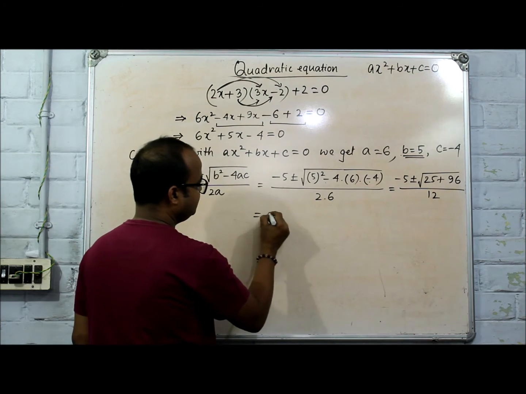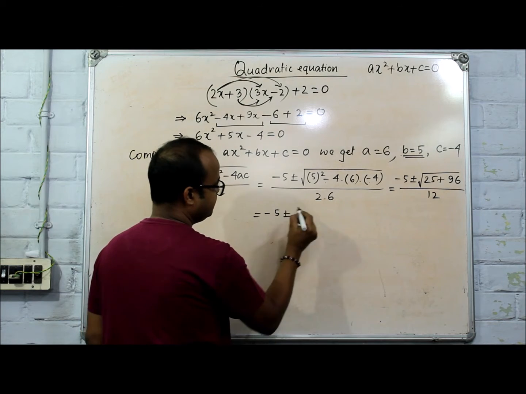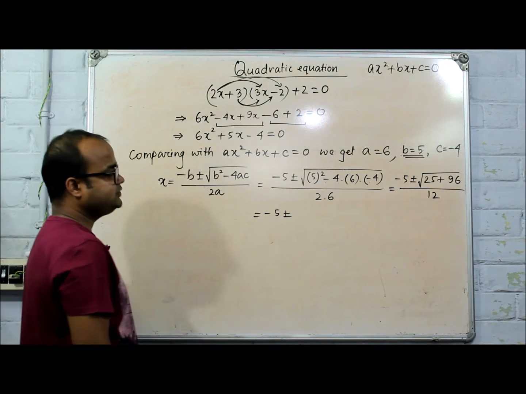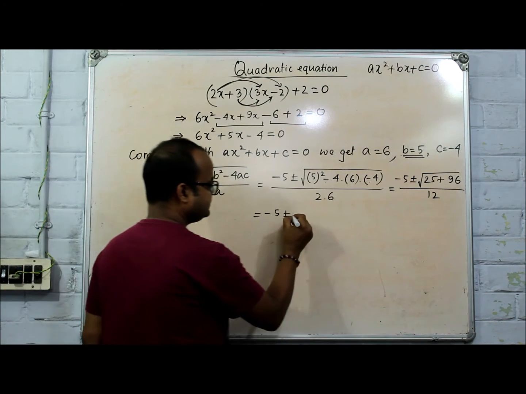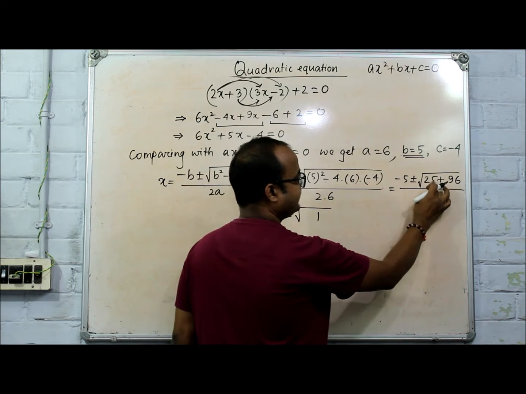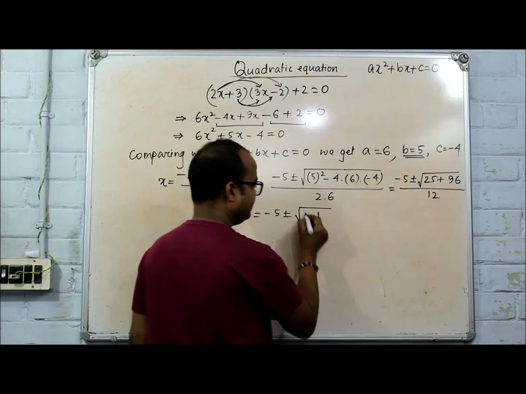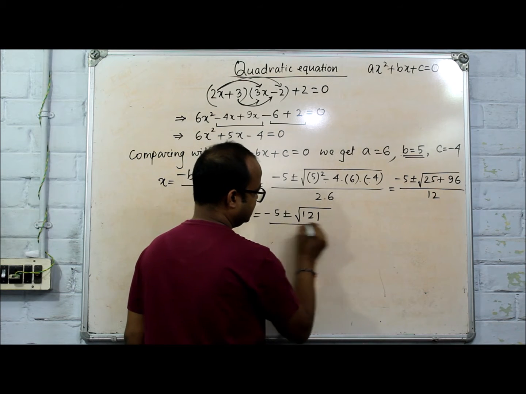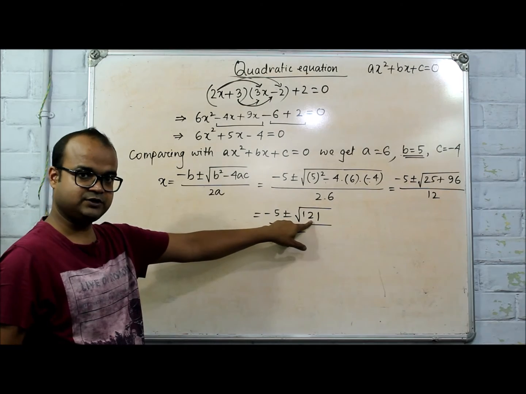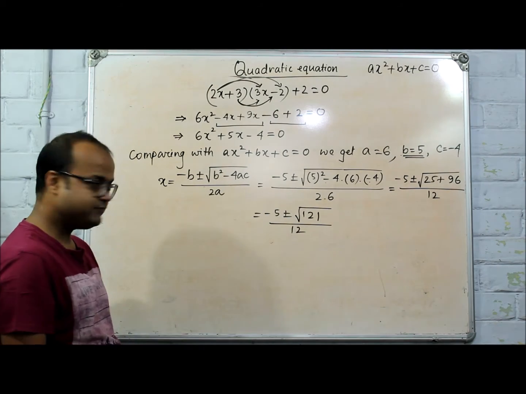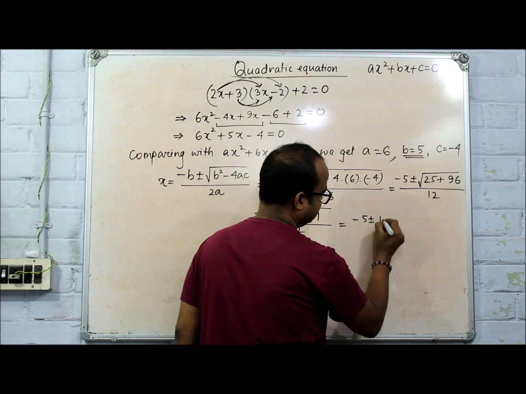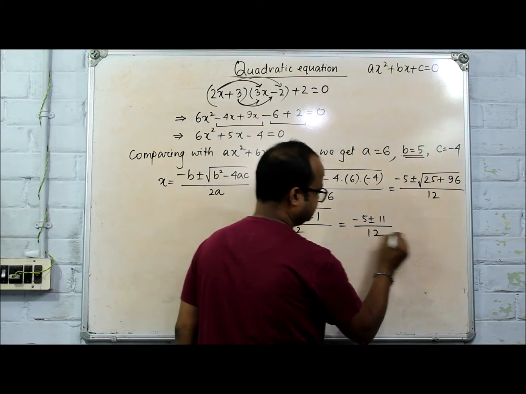So this is equal to minus 5 plus minus, add these two, 96 plus 25, 6 plus 5, 11, 9 to 11, 1, 12. 121, it is a perfect square of 11. So minus 5 plus minus 11 by 12.